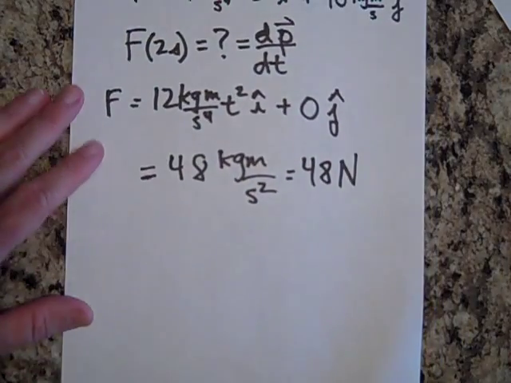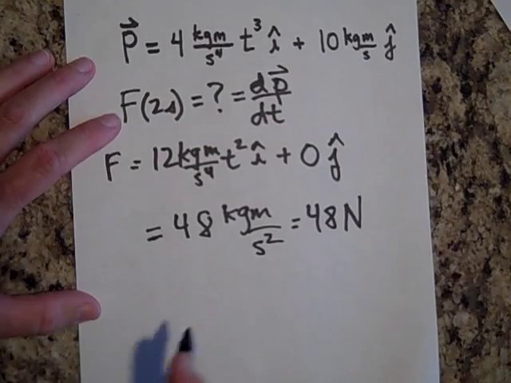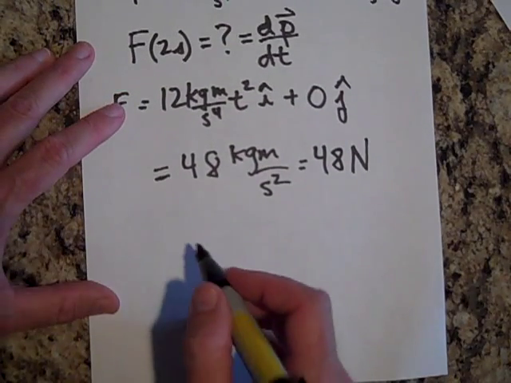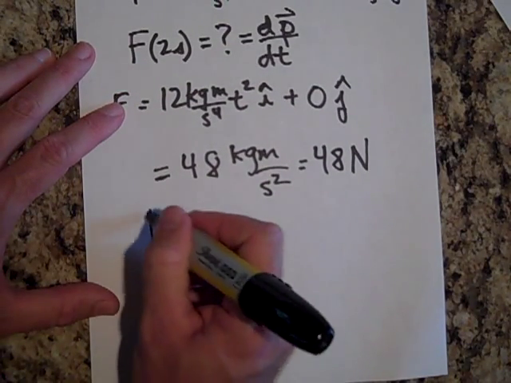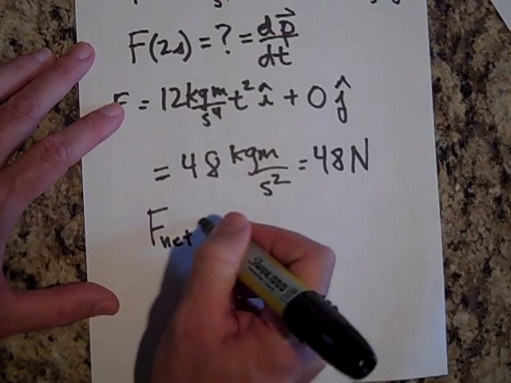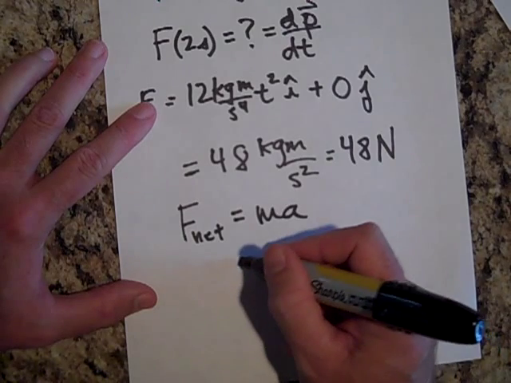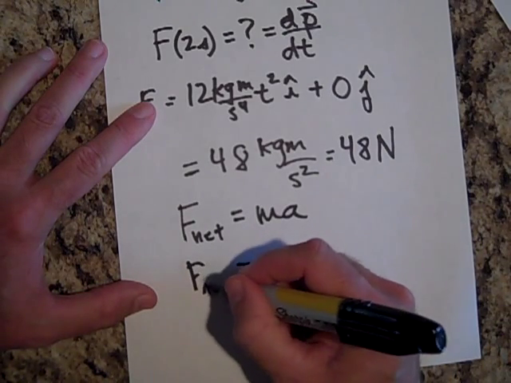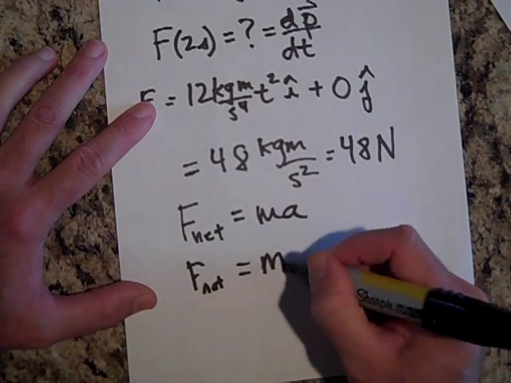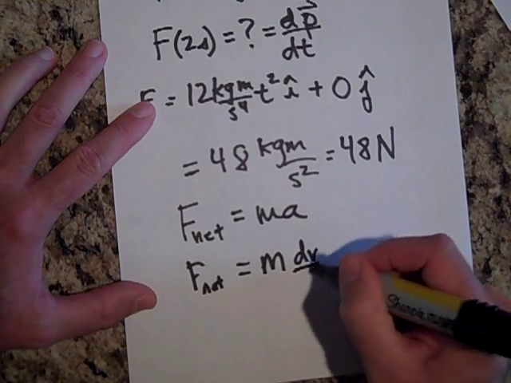Okay, next topic. Oh, one other comment on that. If you're wondering why it's the derivative of P with respect to t, let me quickly show you. You know how the net force equals ma? Well, the net force then is equal to m times the derivative of v with respect to t.